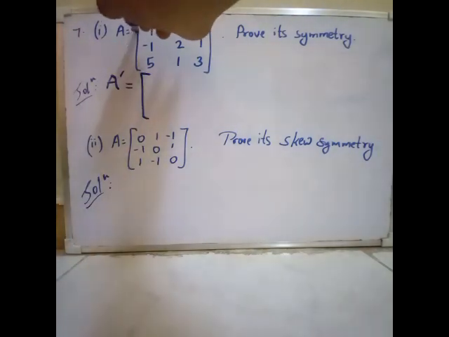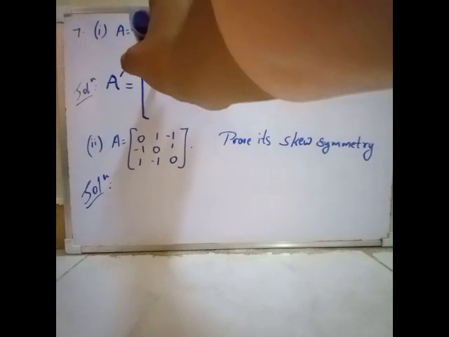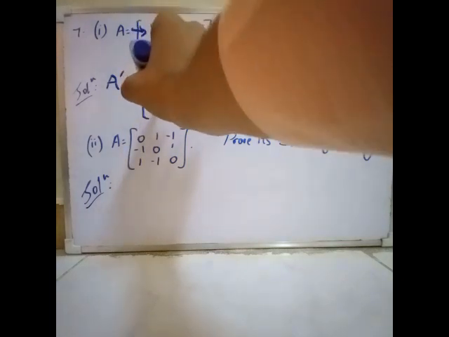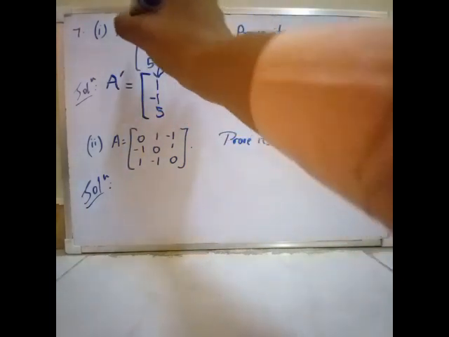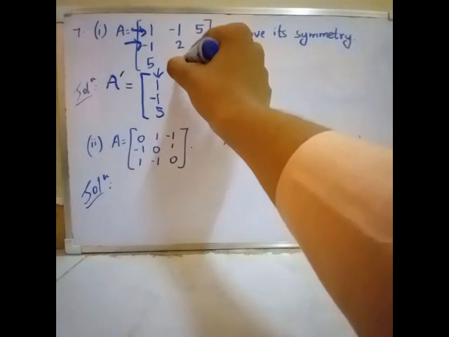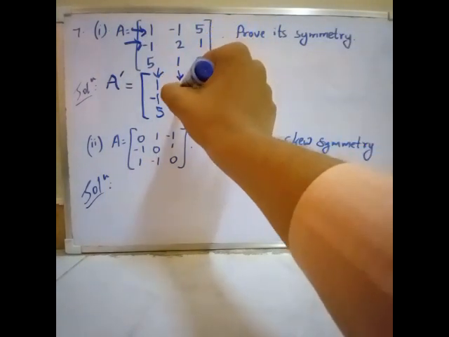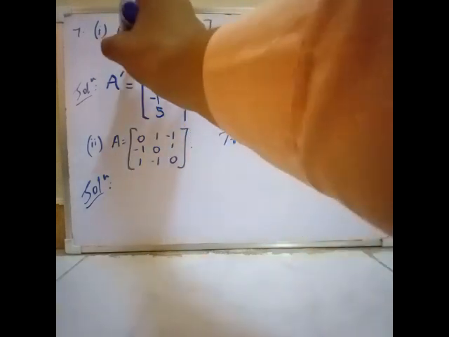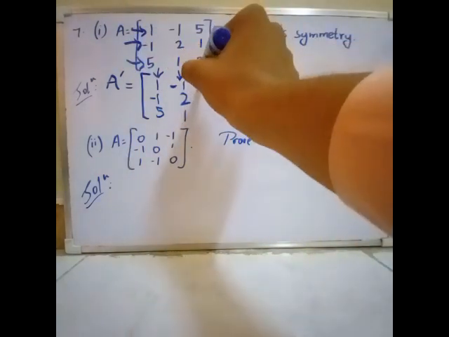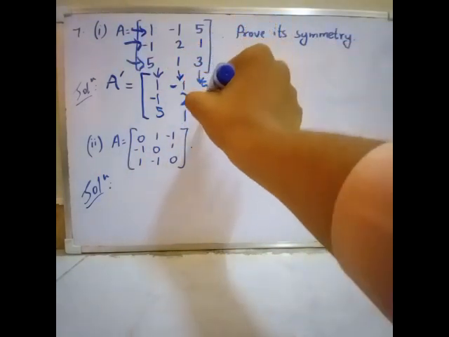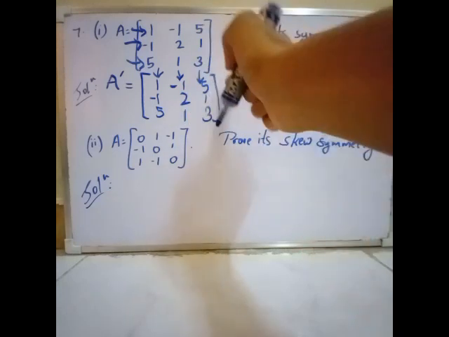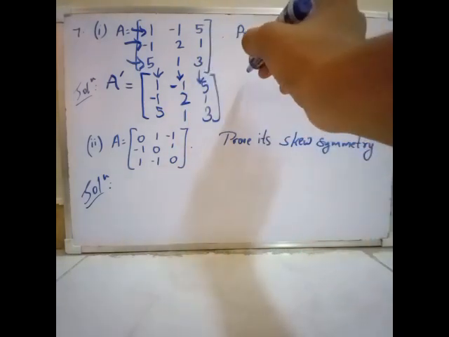Now take the first row and make it into the first column: 1 minus 1 5. Now the second row becomes the second column: minus 1 2 1, and the third row becomes the third column: 5 1 3. Now compare this with the A matrix.